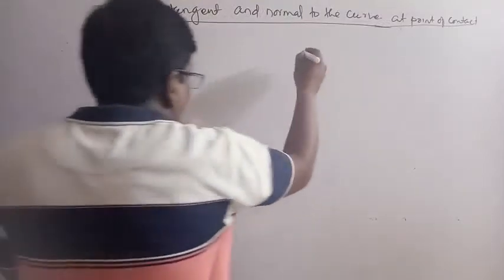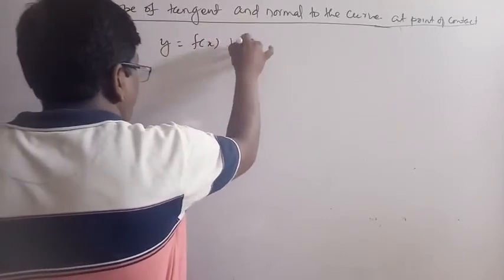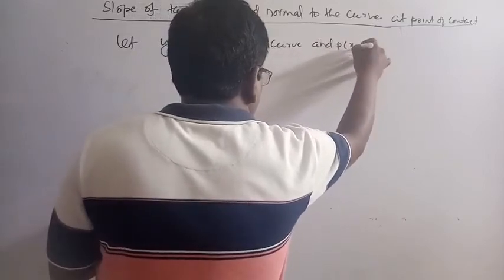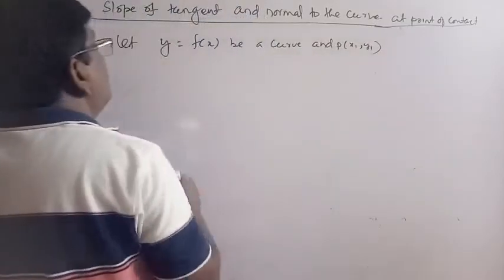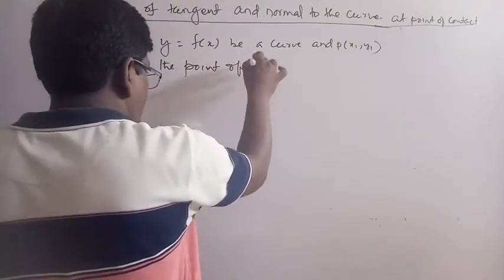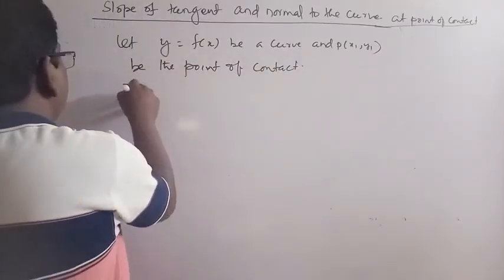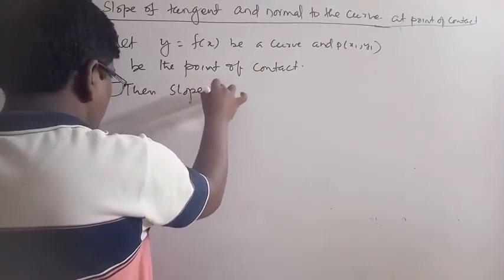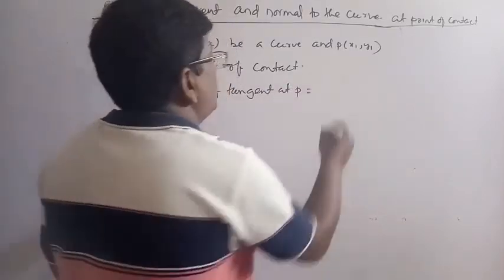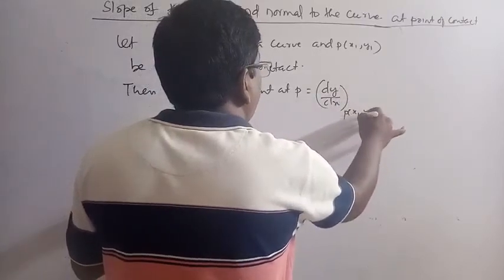Let's suppose y equal to f of x is a curve and P of x1, y1 is the point of contact. Then the slope of the tangent at P is equal to dy by dx at the point P of x1, y1.